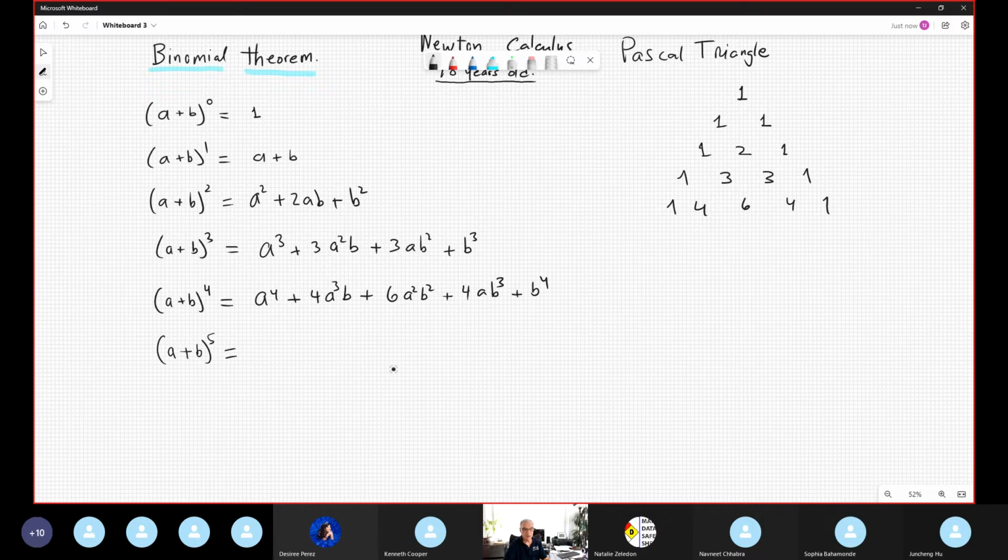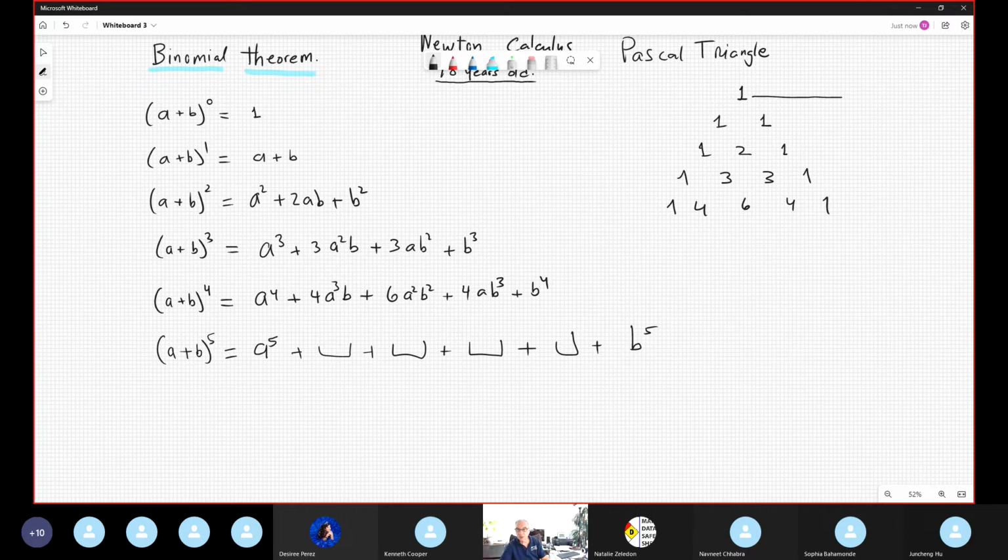So in the fifth power we anticipate 6 terms. And the first is obviously a to the 5th, and the last is obviously b to the 5th. It's the same power. You see the pattern? 2, 2, 3, 3, 4, 4, 5, 5. So this is b to the 5. But we have 6 in total. We have 1, 2, 3, and 4 elements here that I need to discover.